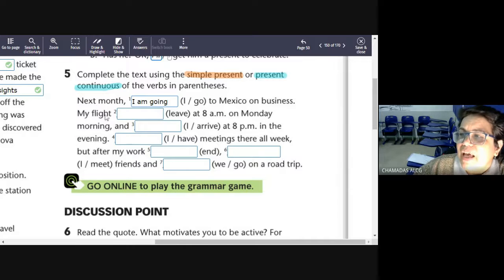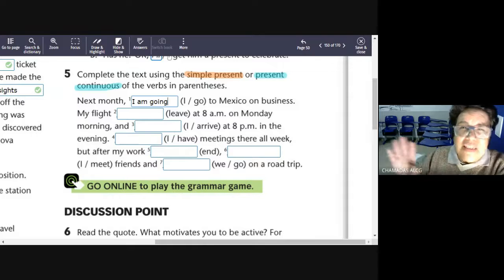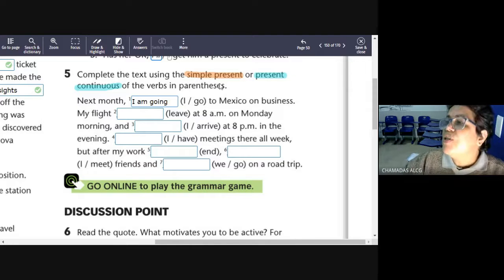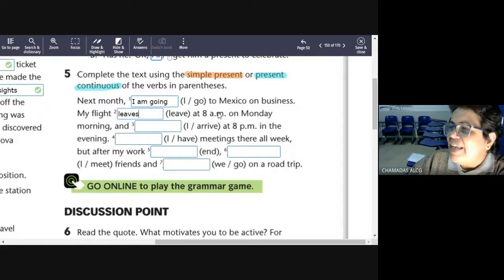Now, my flight at 8 a.m. on Monday. So this is timetable. When we talk about timetable, like arrival, departure, all these times, we use the simple present. So my flight leaves at 8 a.m. on Monday. It doesn't matter if it's the future.